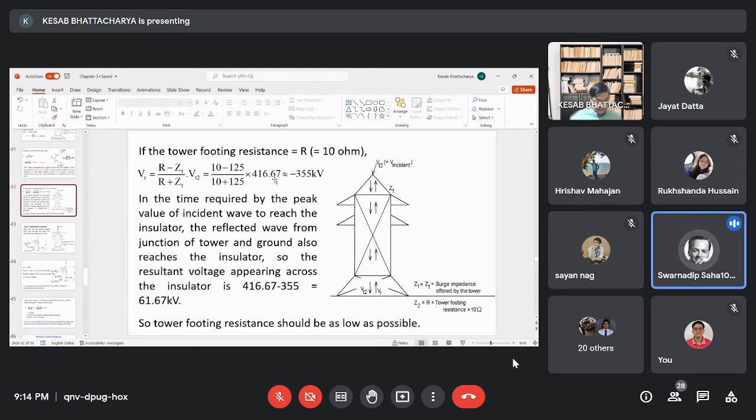Yes, sir, it is coming. How much is it coming? Sir, VR is coming minus 355.0028. No, I told you to calculate the magnitude taking the tower footing resistance to be 5 ohm instead of 10 ohm, and see what is the magnitude of the reflected voltage.